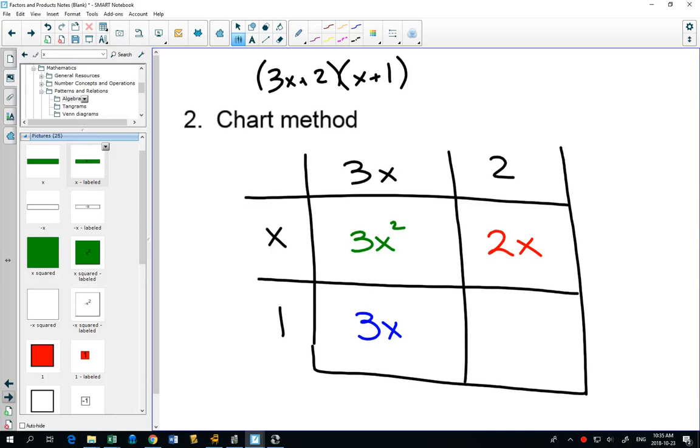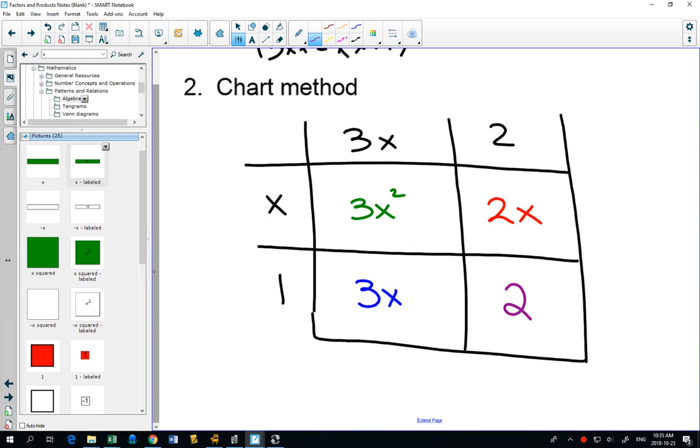You get 2x. And what happens when you multiply the 1 times the 2? You get 2. If you write out your answer then, are any of these like terms? Yes, the 3x plus the 2x is 5x. And it's the same thing. Okay?